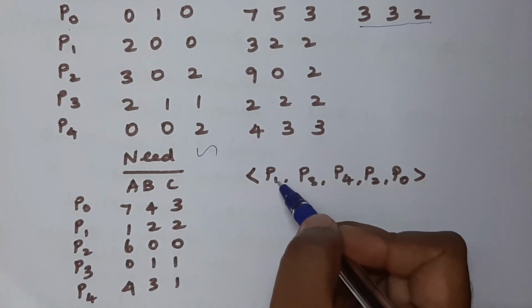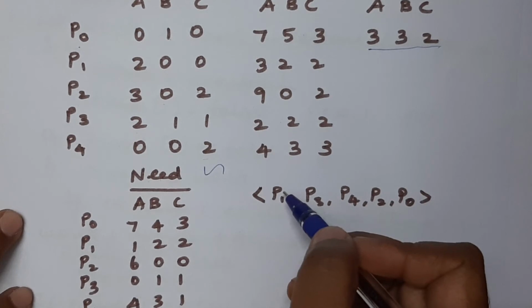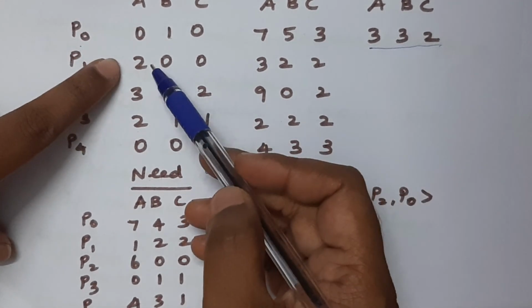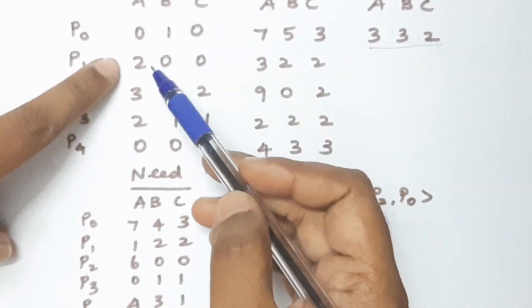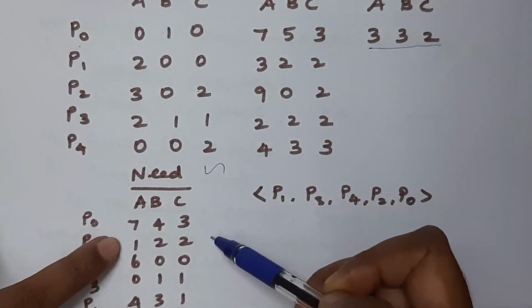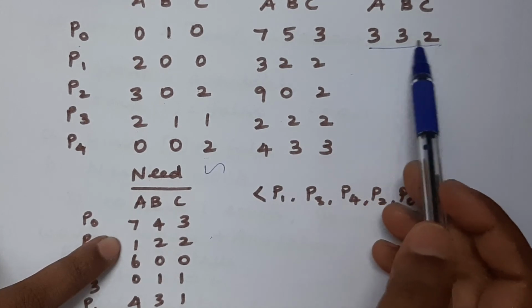First we are executing this P1 process. So how many additional resources does it need? Already we have allocated 2 of type A. So what is the maximum need? That is 3, 2, 2. So out of this we have allocated only 2. So what is the need? 1, 2, 2. That is the need. So we need to check whether the need is less than the available.